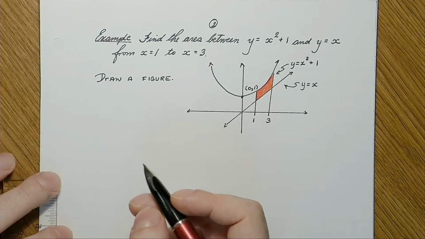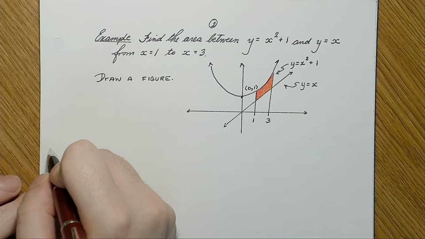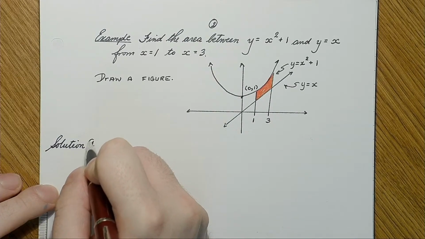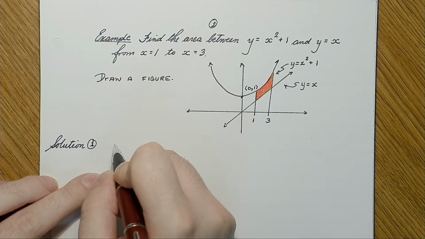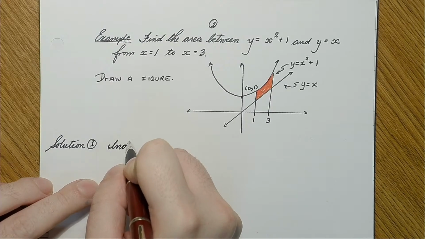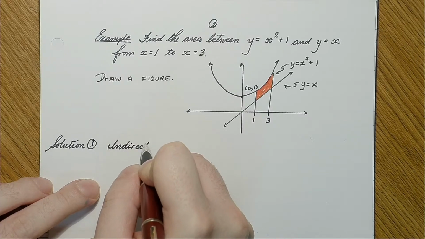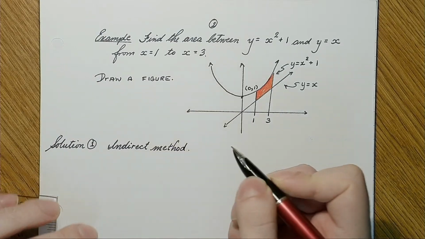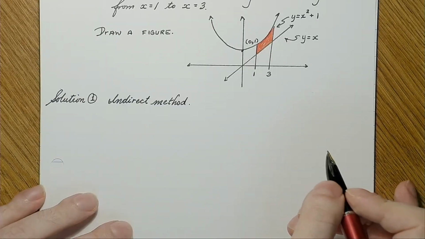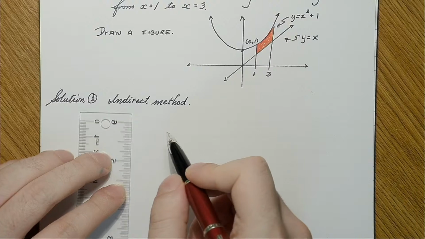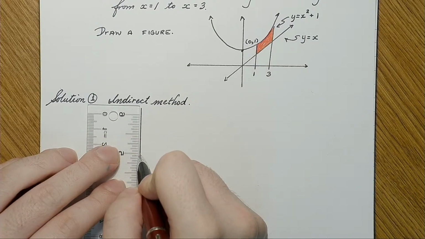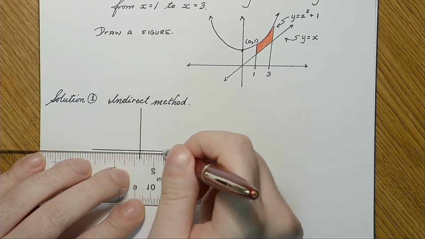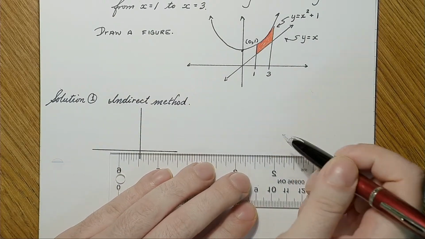we're going to do this in two solutions. So here's solution 1, and I'm going to call this the indirect method. I'm going to draw out 3 of these.